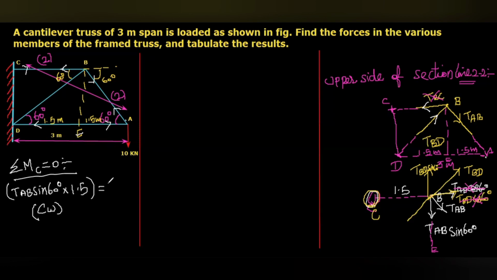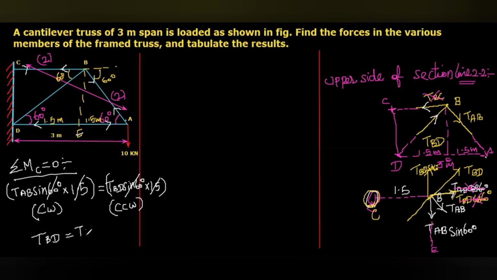So TBD sine 60 multiplied with the same distance 1.5 will be in counterclockwise direction. Now we can cancel this 1.5, 1.5, sine 60, sine 60. So the unknown force TBD equals TAB. The TAB we already calculated as 11.5, so TBD is also 11.5 kilonewton.